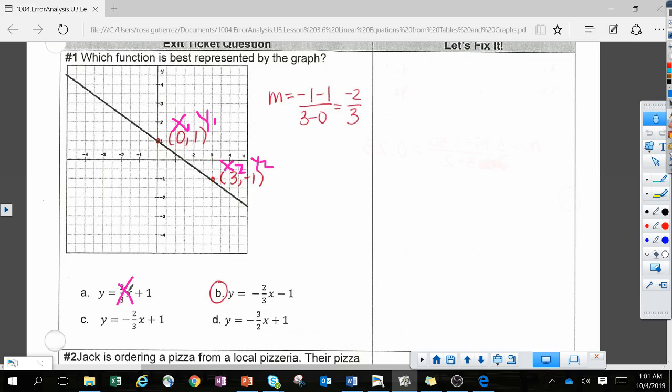I could also cross off D because that's the reciprocal, it's flipped. If someone chose D, which hardly anyone did, they probably did x2 minus x1 over y2 minus y1. And so that's why D is incorrect.